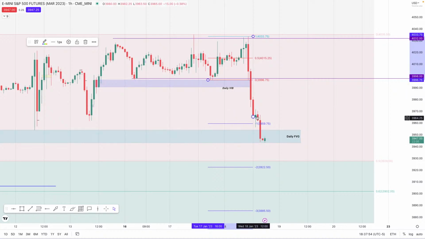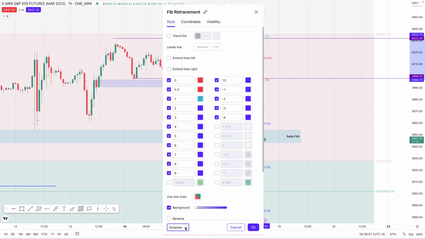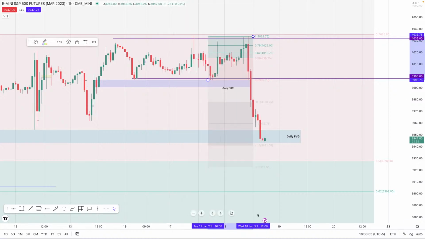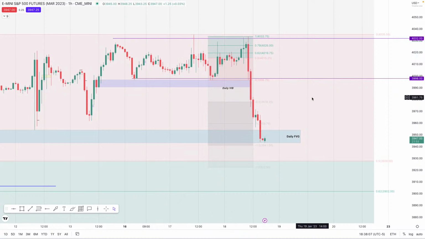Sometimes I color them in, sometimes I don't. Sometimes I just want to look real quick and see levels, and I'll mark them on my chart. So we'll go projection, and there's my projection fib. So this is my target, and that's how I got that number. Yeah, it worked out nicely.